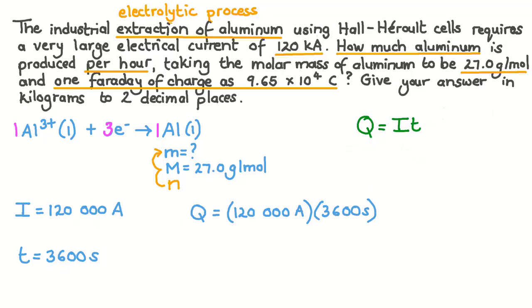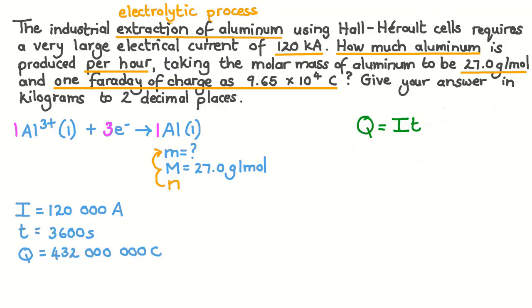Using our key equation Q equals IT, we can substitute in the current in amperes and the time in seconds. Solving, we get the charge transferred in 1 hour, which is 432,000,000 coulombs.